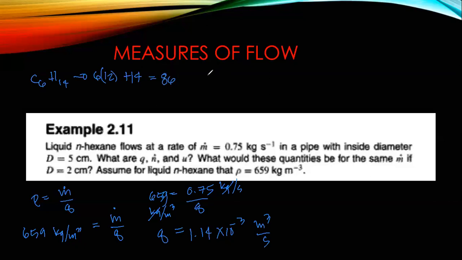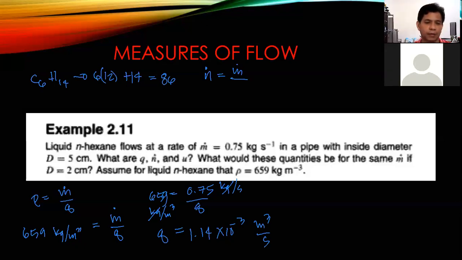So, di ba, n dot is equals to m dot over molar mass. So, the mass flow rate is 0.75 kilogram per second. Tapos ito, if we're going to use 86 grams per mole, ito kasi sa libro, 86 yung ginamit natin.